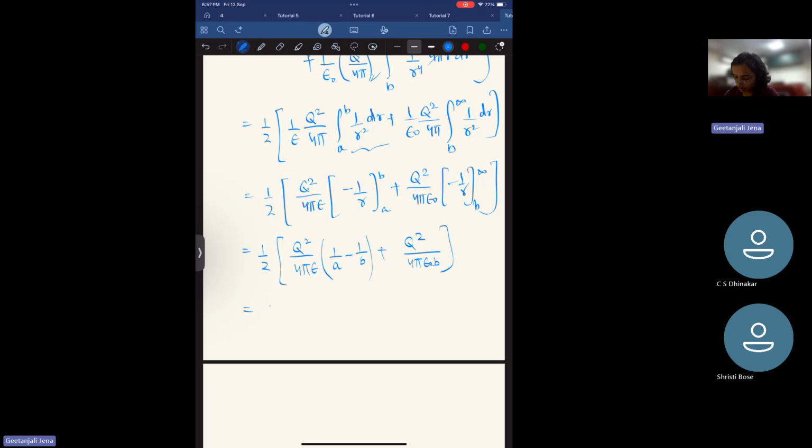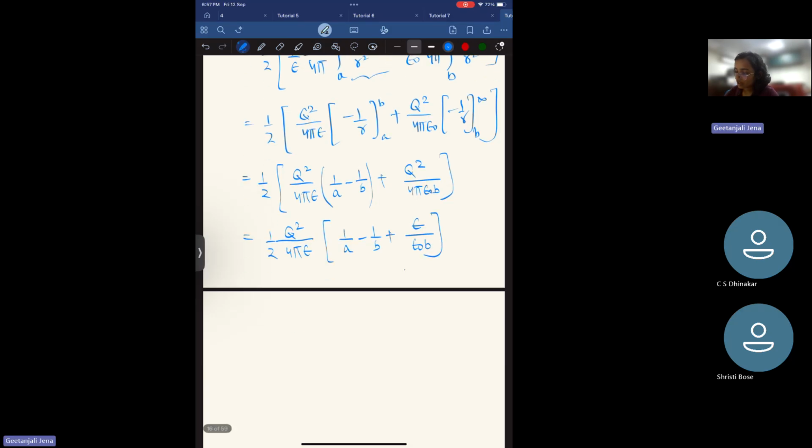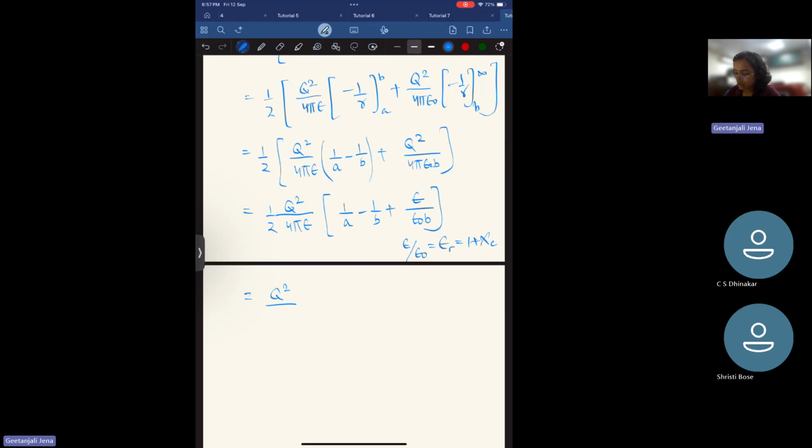If you take Q square by 4 pi epsilon common, this will give 1 by a minus 1 by b plus epsilon by epsilon naught b. Recall epsilon by epsilon naught is the dielectric constant, which is 1 plus chi e. We can use that. This is Q square by 8 pi epsilon, 1 by a minus 1 by b plus 1 plus chi e by b.